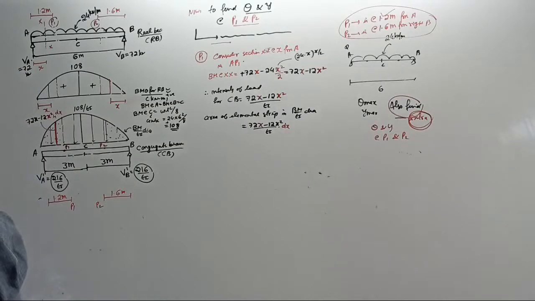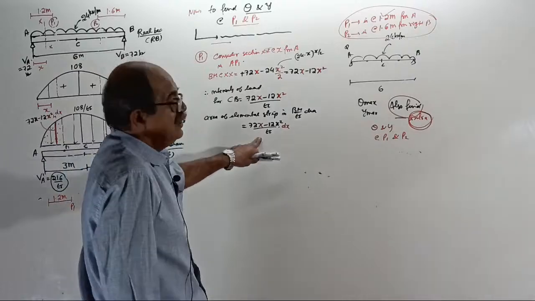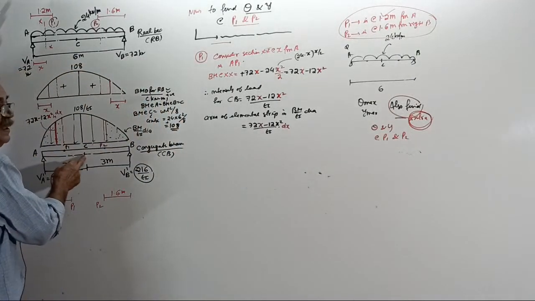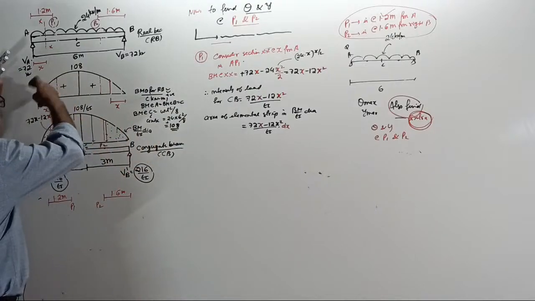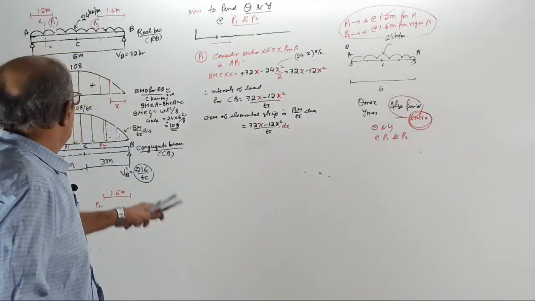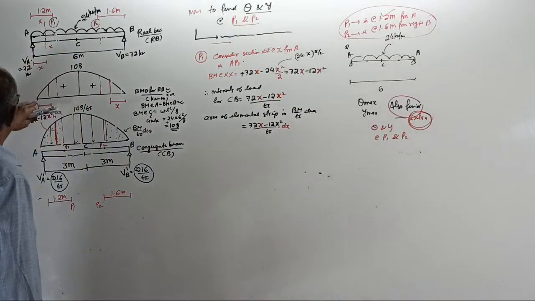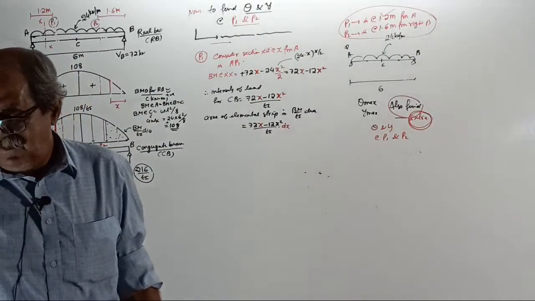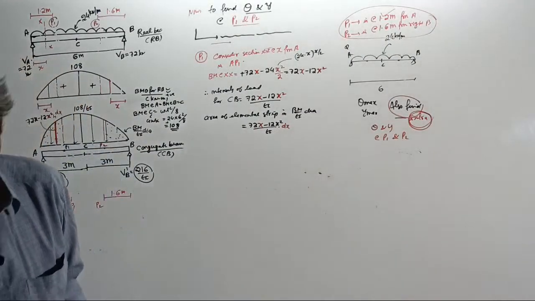Now, suppose you integrate this area from 0 to 3. Will you get the same area you got by the formula 2/3 base into height?